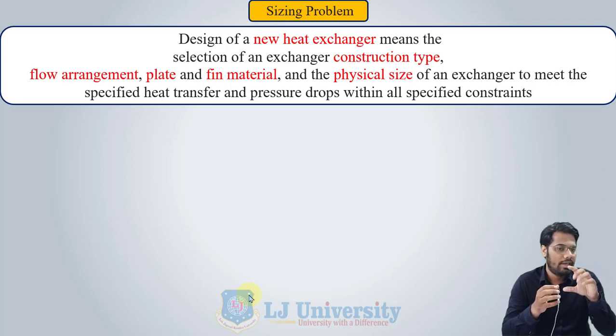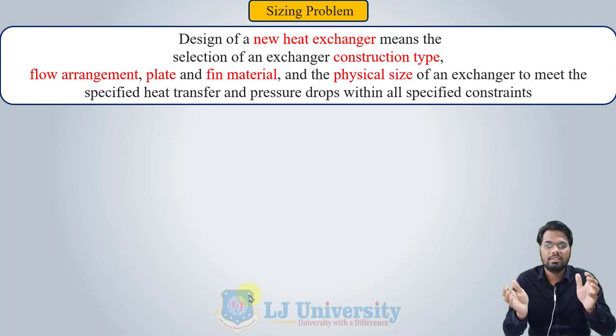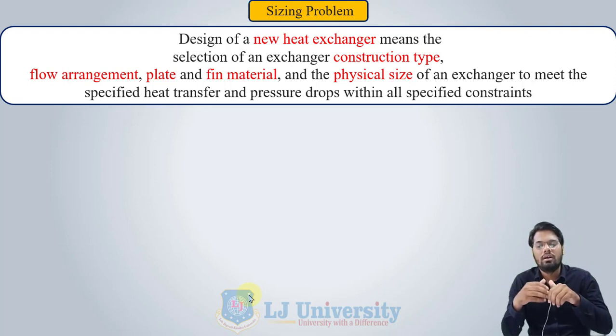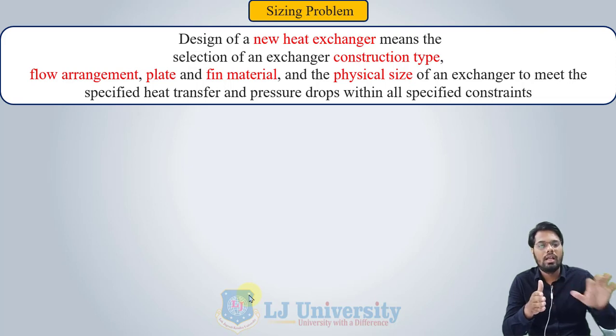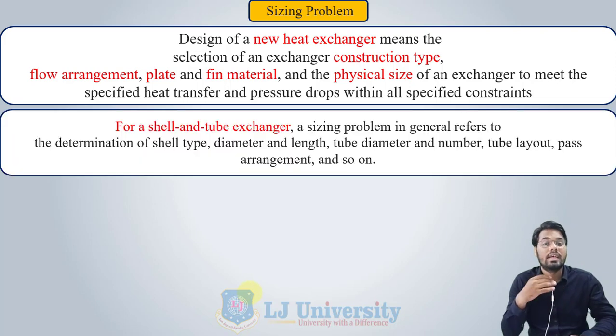So according to the heat transfer rate and allowable pressure drop, you design a new heat exchanger. You decide the size, its material, its flow arrangement, its mass flow rate. These parameters are decided as per the required heat transfer rate, customer need and allowable pressure drop. So this is the sizing problem.